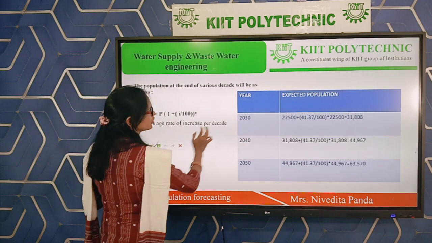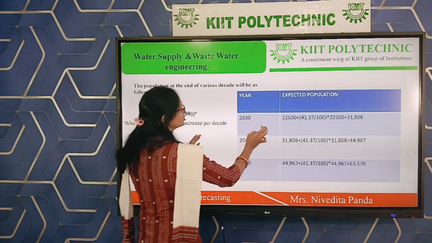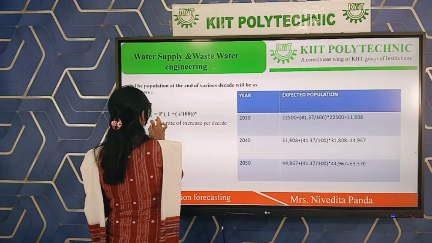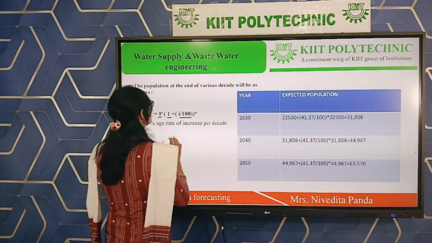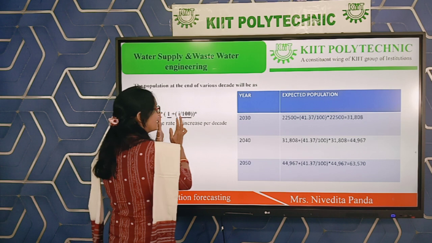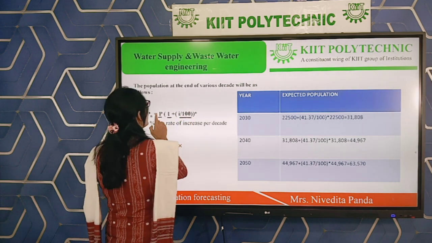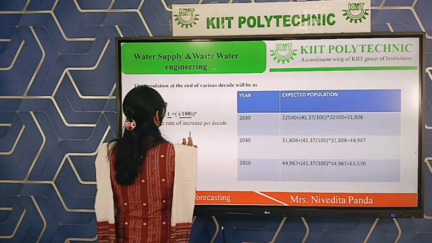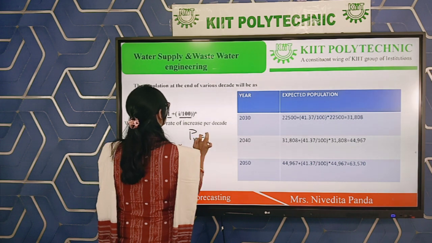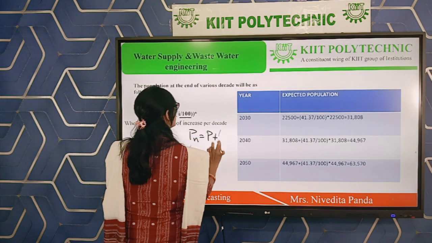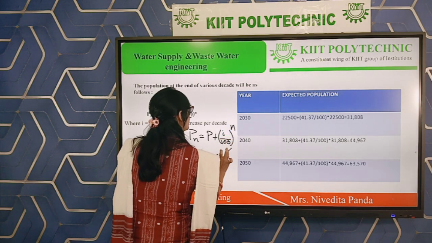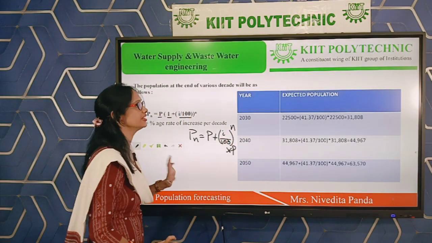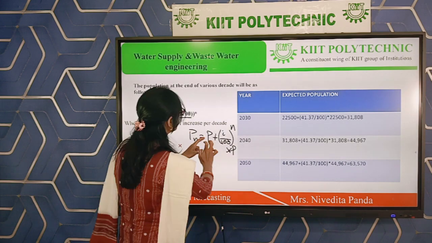Here in the problem, you may get confused. Here P is written, and here 1 plus I by 100 to the power n. What I have done is just open this bracket and multiply, that equals P plus I by 100 to the power n into P. I have just done this process. So what is the P value?